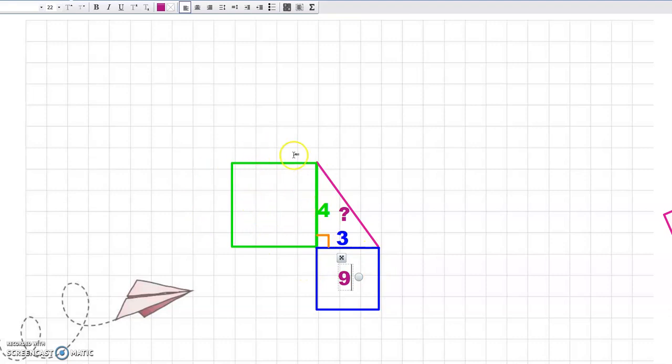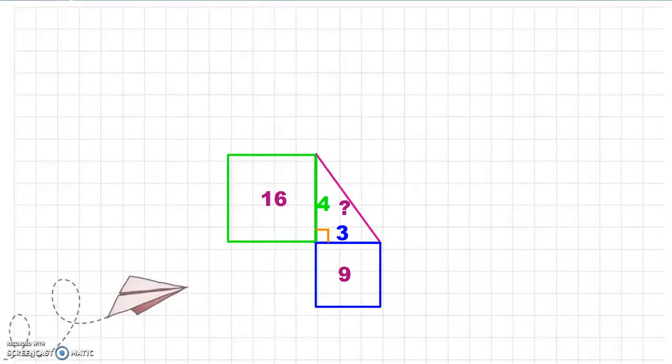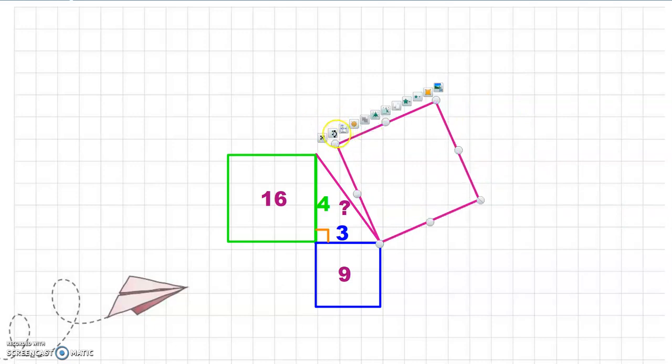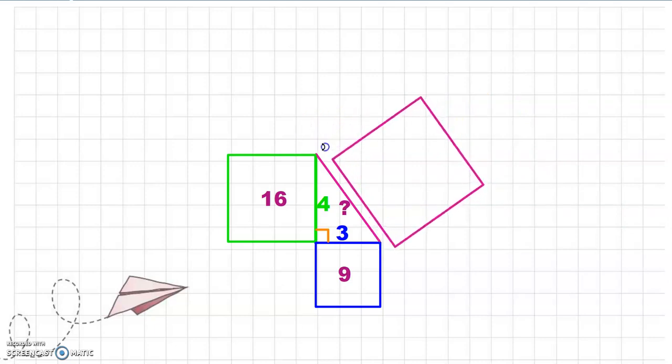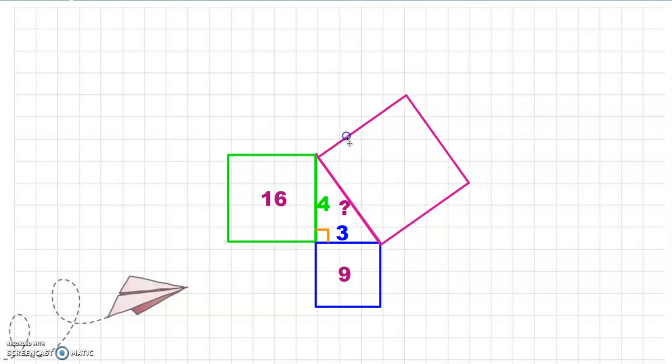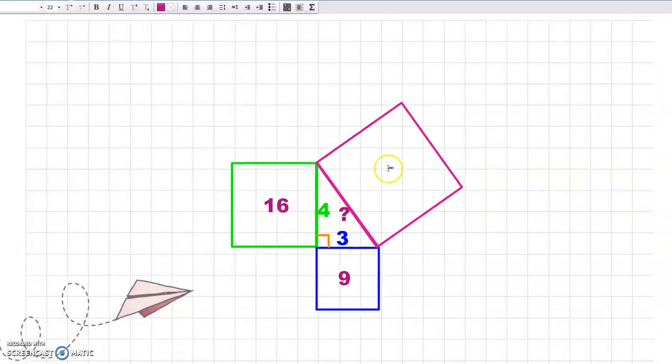And for this area, 4 times 4, the area of this square was 16. Well, mathematicians noticed that when they added these numbers, 16 plus 9, they would get an area that was the same as the area of the square formed by the hypotenuse. So this area was 25.